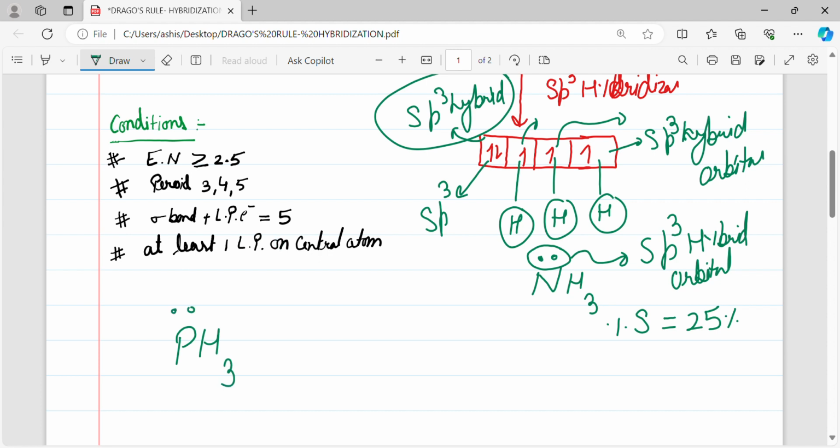Now consider PH3. The bond angle of PH3 is very small, around 94 degrees. What is the reason behind that?